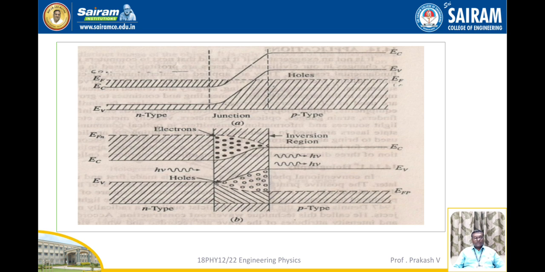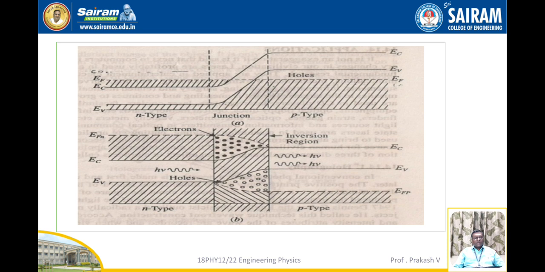Electrons exist in the conduction band of N type, cross over the junction and reach the holes which are in the valence band of P type. The difference in energy will be emitted in the form of a photon. So the energy of the photon will be equal to h nu. We can look at the picture to see how the emission of photons takes place, that is through the PN junction or the active media.